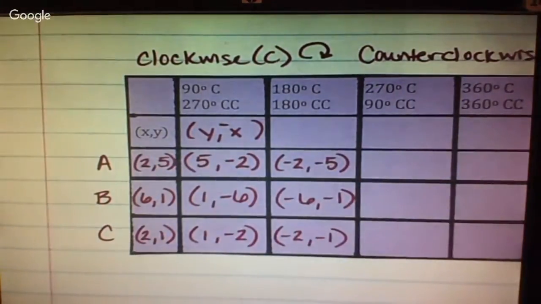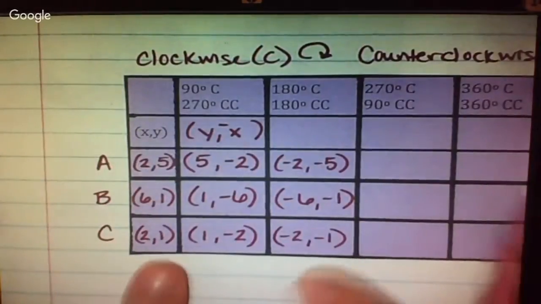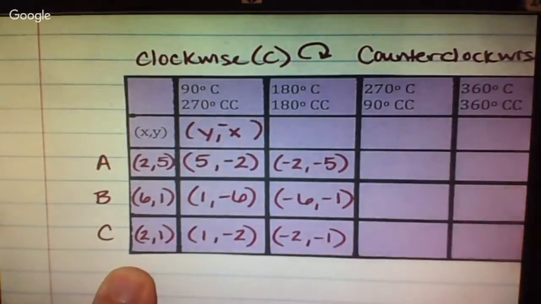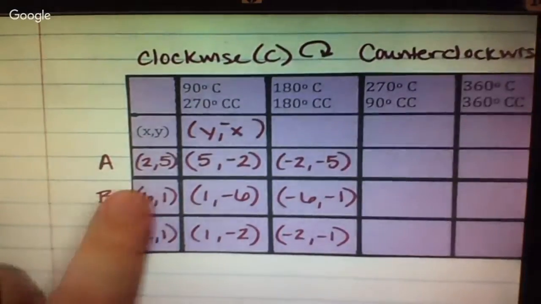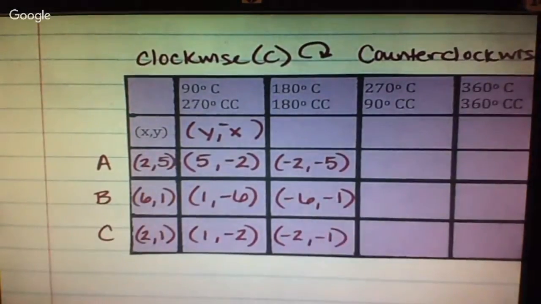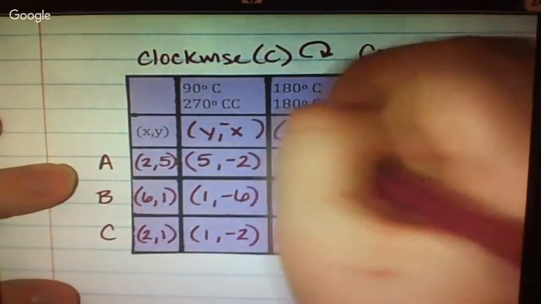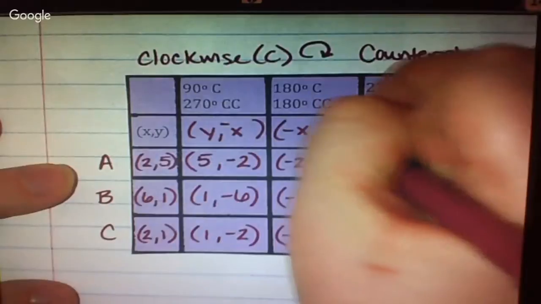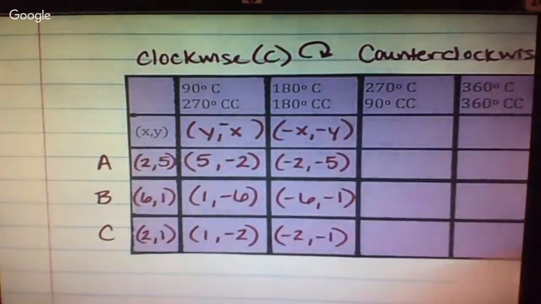So we want to compare these back to my original points. I started 2, 5. I'm now negative 2, negative 5. 6, 1, negative 6, negative 1. What's happened? It's the same x, y versus negative. We just changed the signs. So my rule here is 180 means we change the sign of x and change the sign of y.